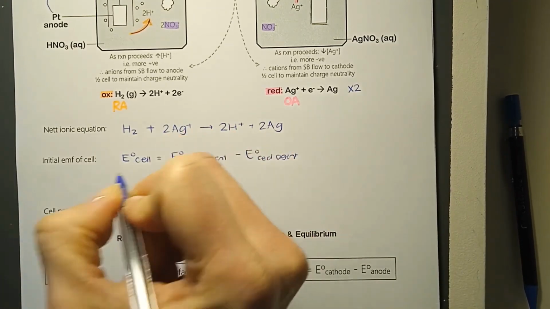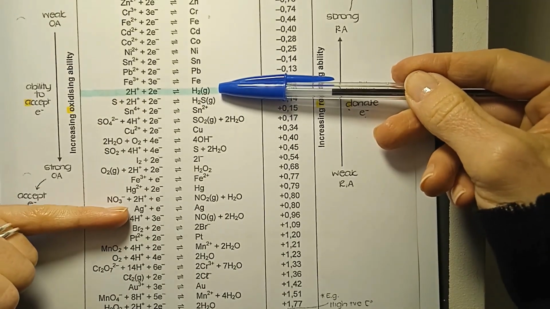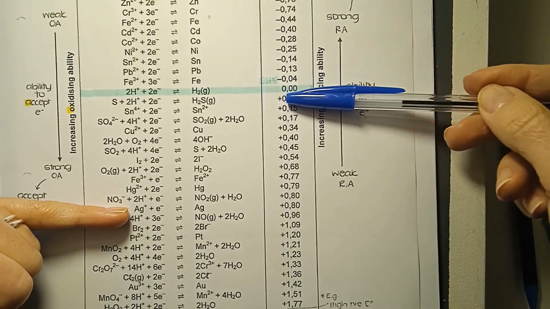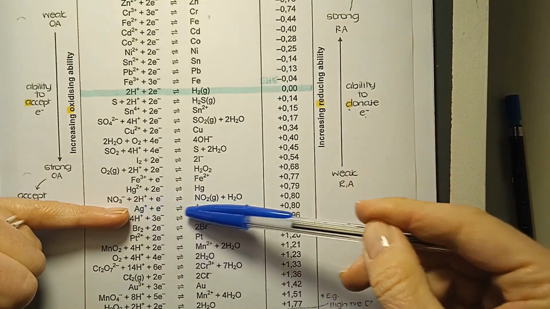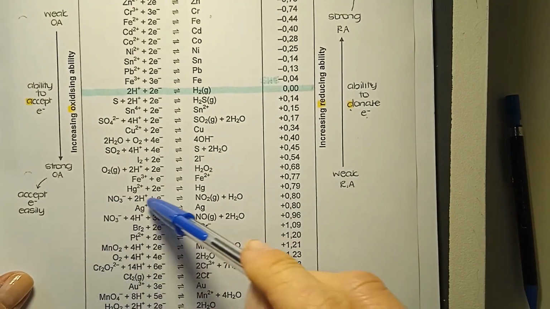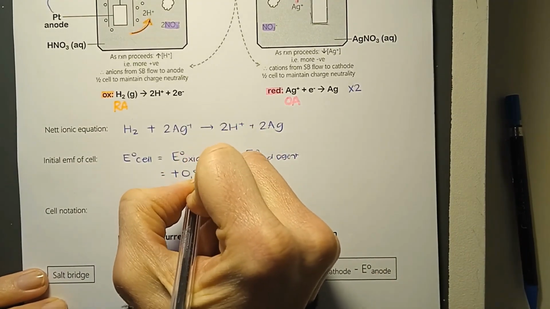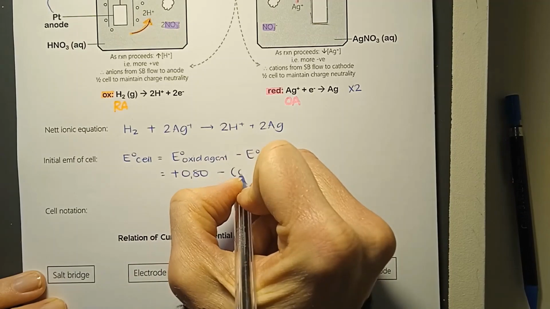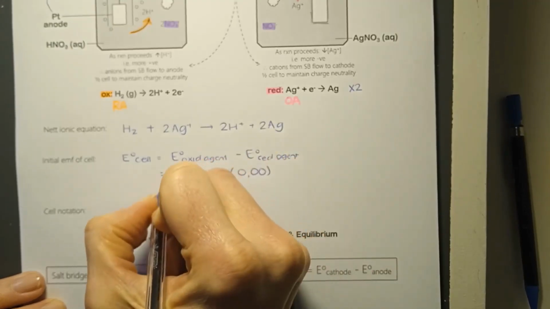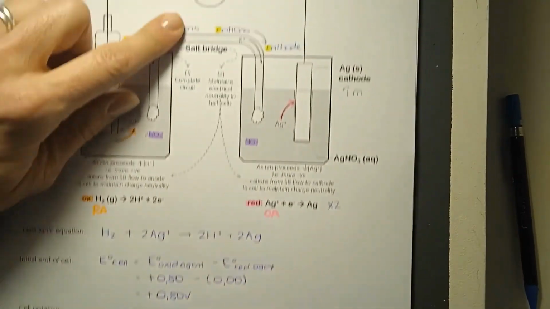And so you're going to find them where we found our reaction, so there was our hydrogen and there was the silver. Our hydrogen obviously has a value of 0 and our silver has a value of plus 0.80. So the oxidizing agent is the first one. There's our plus 0.80 minus, and this value is just 0.00. And that's where we get a value of plus 0.80 volts, and that's where that reading is coming from.